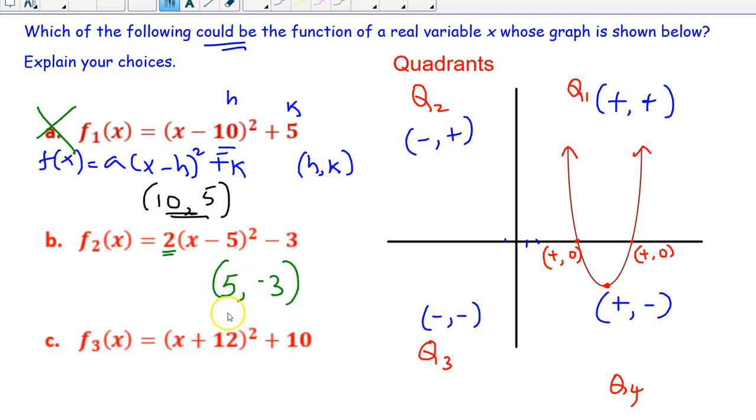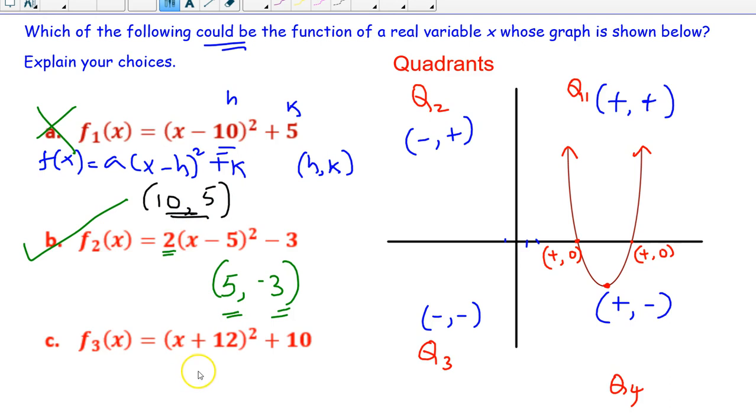So we are seeing positive for x, negative for y. It is satisfied here. Okay, this function 2 times x minus 5 whole square minus 3 may be the function for this graph, right? It could be the function. So I'm putting a check mark.